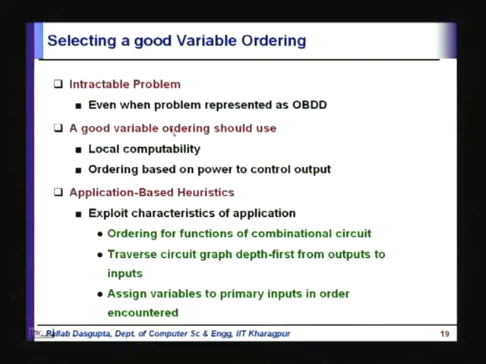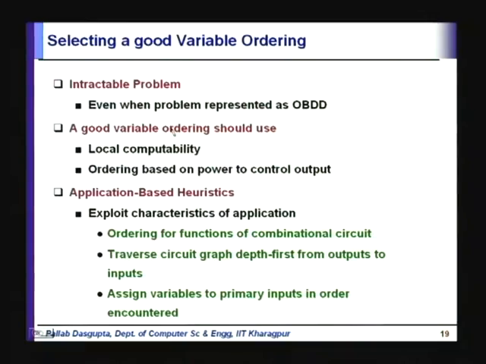And getting a good ordering, as we saw, is an NP complete problem, right, because if we could do that, then for a whole lot of problems we could solve the SAT in a much better way, right. Now, there are a lot of heuristics which select a good variable ordering, right, and one can study those heuristics, and the BDD packages use scores of heuristics to keep the size down.